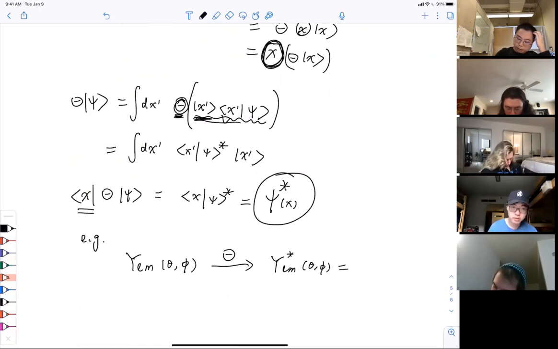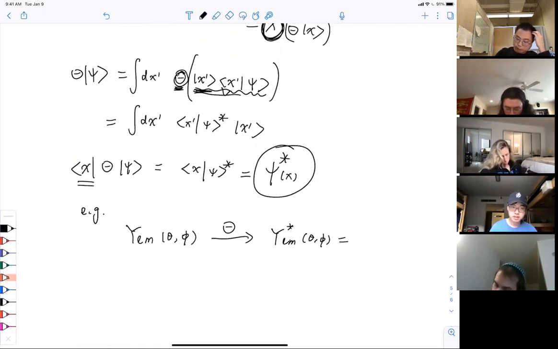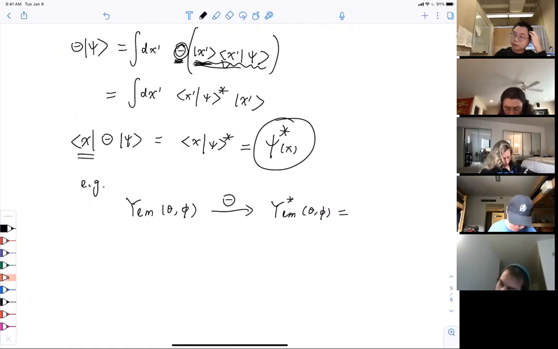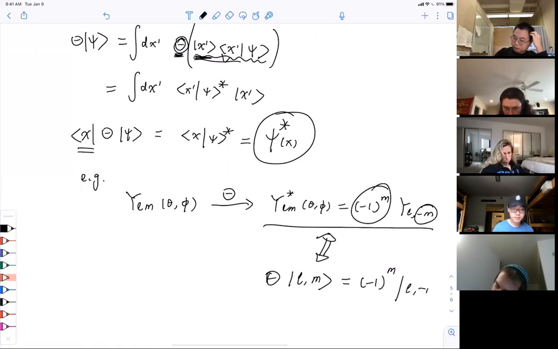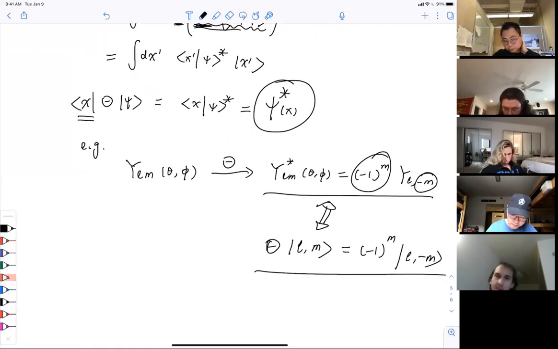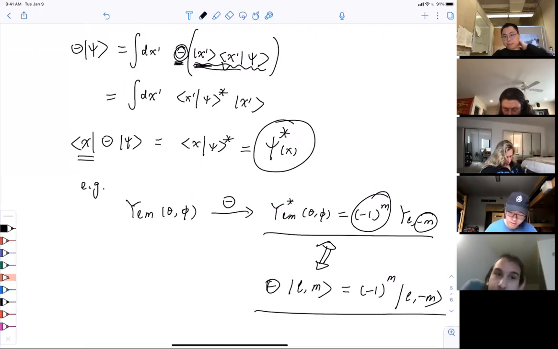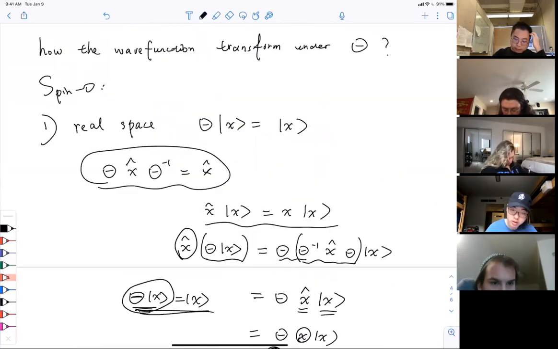If you look at the concrete expression of this spherical harmonics, you will find this minus m, and of course this is equivalent to writing it this way: time reversal acting on this ket gives us this. This is how the wave function transforms in real space, which is very easy, just take a complex conjugate.